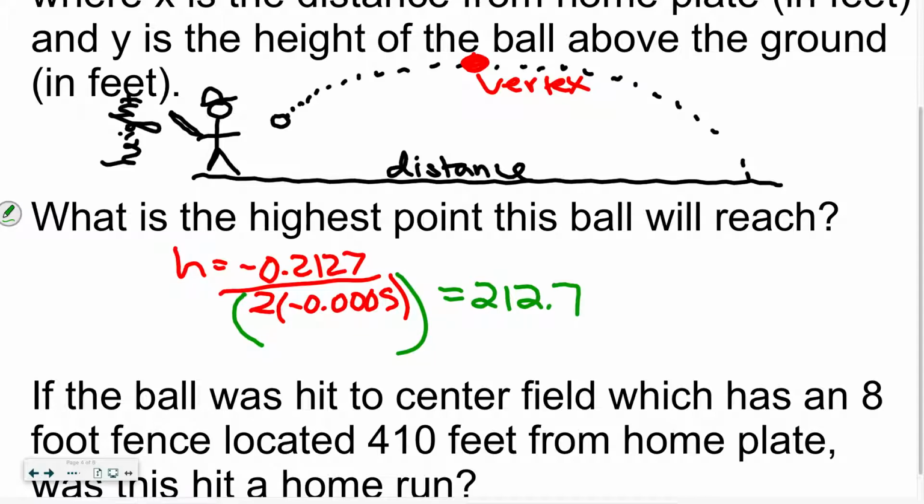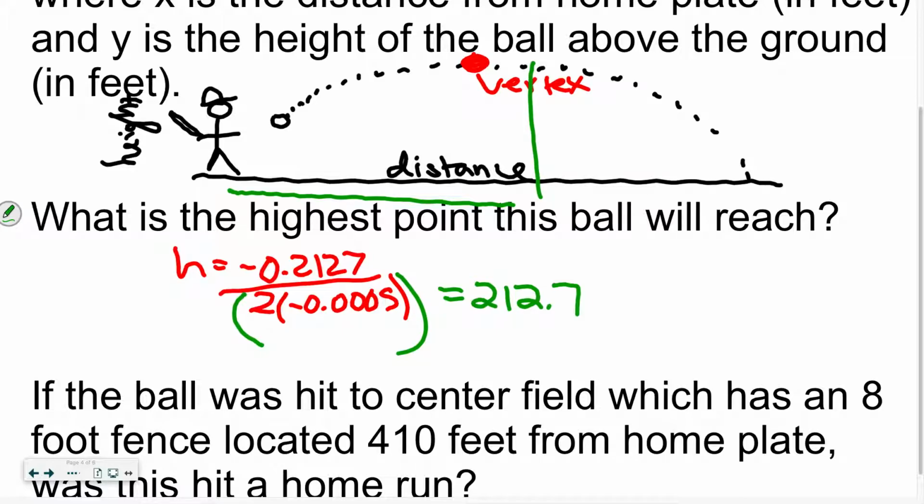Right. Oh, I hate your calculator on your cell phone. I won't even talk about it. Okay, well that's 212.7, but that's H, which is how far away it is. So if we want to know its max height, we still have to plug it in, right?